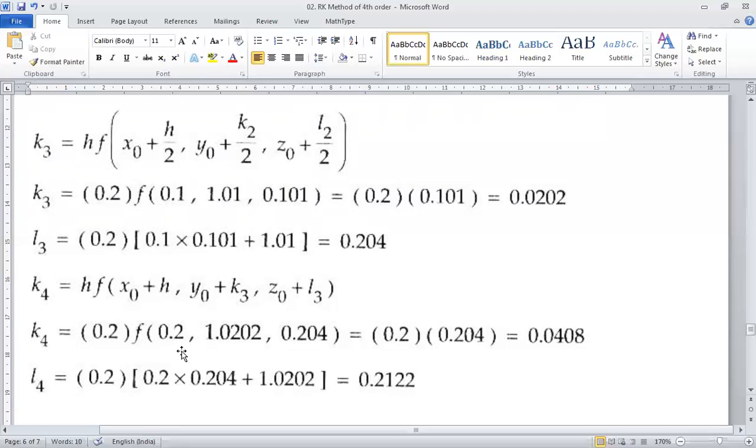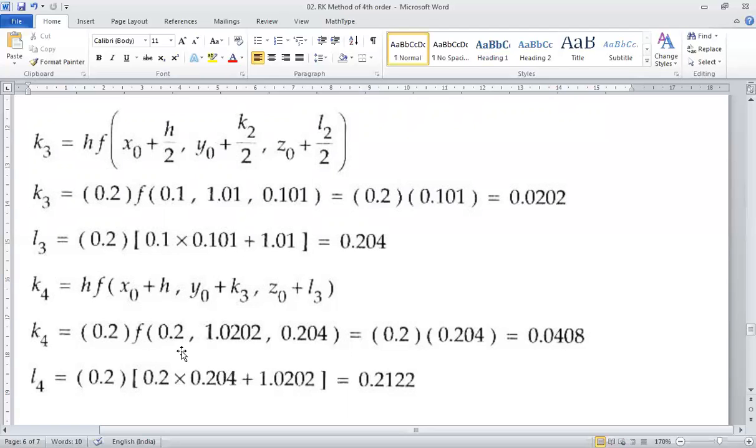Finally, we need to calculate the value of K4. The formula for K4 is h times f of x naught plus h, y naught plus K3, z naught plus L3. Substituting the values will give us K4 as 0.0408.